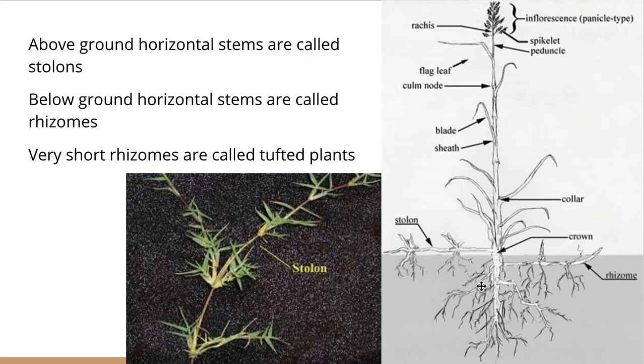So if we look at this image, you can see that just above the soil line there are these side shoots of grasses that are going to grow up and also anchor the plant in place, and this is above ground, whereas you've got the same thing underground, and this is called a rhizome. So horizontal stems above ground are called a stolon, below ground are called a rhizome.